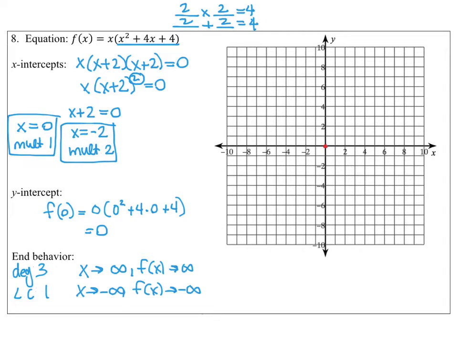I've got one at 0, one at -2. My y-intercept is my x-intercept. As I go to the right, I'm going up, left, goes down. So I start from the bottom. Because -2 has a multiplicity of 2, I reach there, touch it, come back down, go back up. That is my graph.